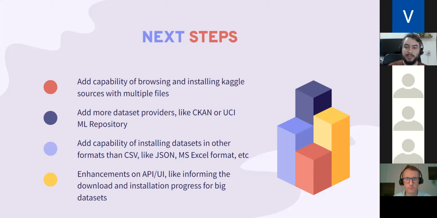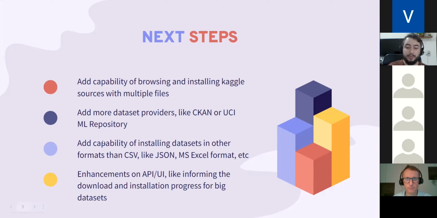Also, we designed our application to be easy to attach new dataset providers like Scan or UCI machine learning repository. We also would like to add capability of installing datasets in other formats than CSV. We have datasets in JSON and Excel format, and so on.